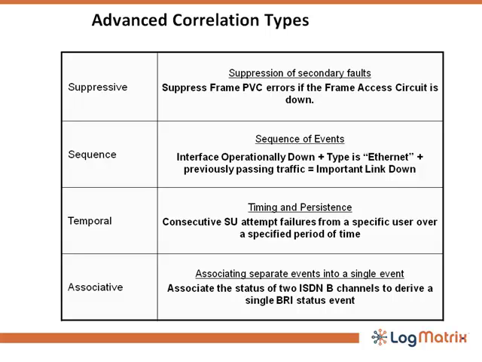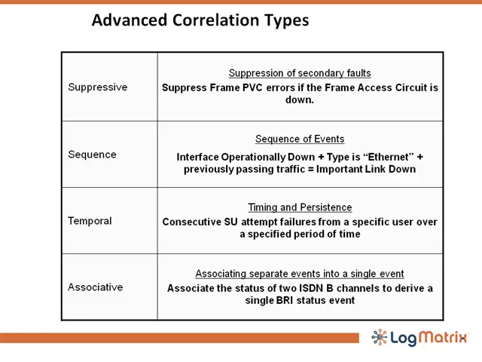And the final correlation methodology is the associative, where we associate separate events into a single event. The example here, we associate the status of 2 ISDN-B channels to derive that a single BRI status event has happened.